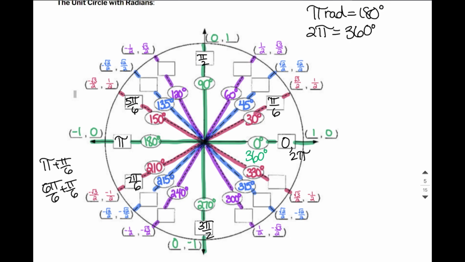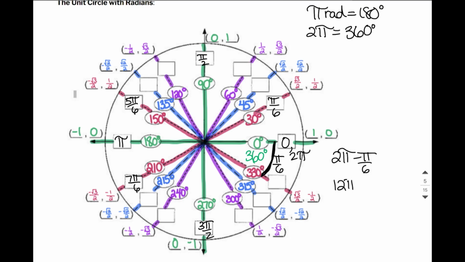So this would have to be 7 pi over 6. And then our last pink angle here is going to be pi over 6 away from 2 pi. So to figure this out, I would have to do 2 pi minus pi over 6. Well, to get a common denominator, this would be 12 pi over 6 minus pi over 6, which would mean that this would be 11 pi over 6.